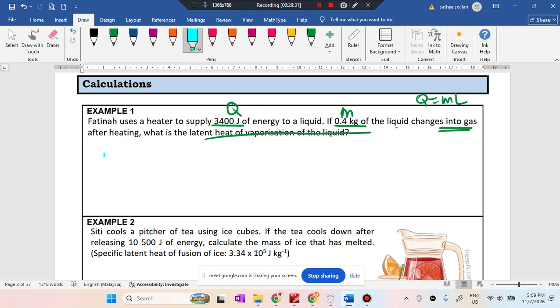Maksudnya dia tanya latent heat of vaporization. The LV lah. Okay, so we know that Q equal to ml. So since it's a heat of vaporization, kita boleh tambah the subscript V here. Tambah pun boleh, tak tambah pun tak apa. No problem. So what is the soalan? Dia nak LV kan? Latent heat of vaporization kan. So Q over M. Remember, Q is heat energy, not the latent heat.